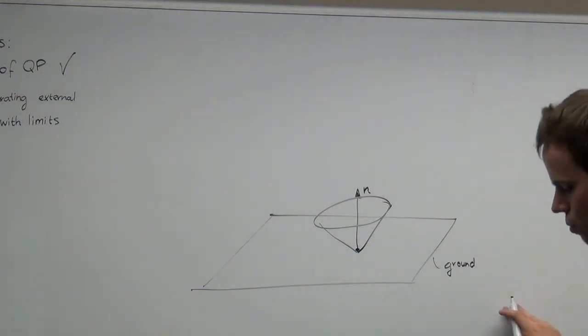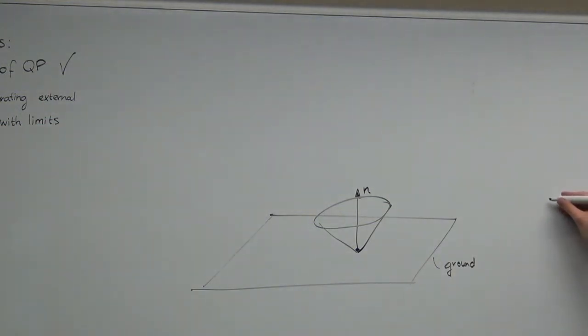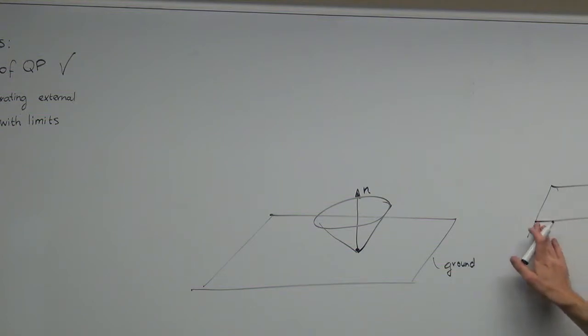This happens, for example, if you're standing on your toe. Then the other option is that there's a planar contact, so that there's a foot that's completely in contact with the ground.